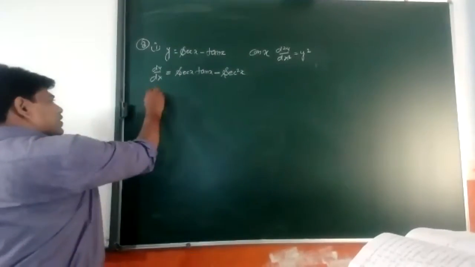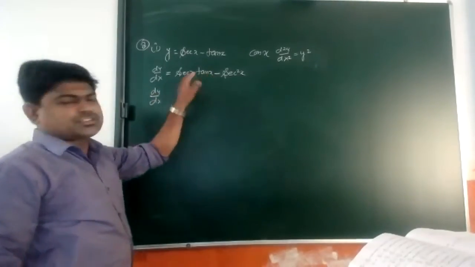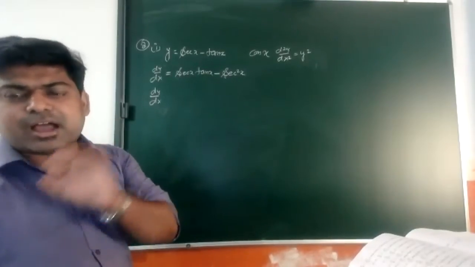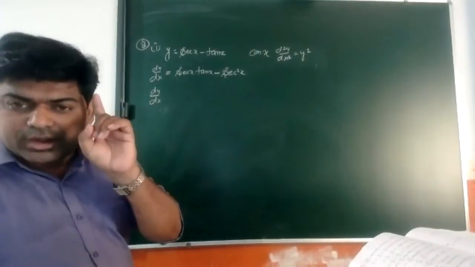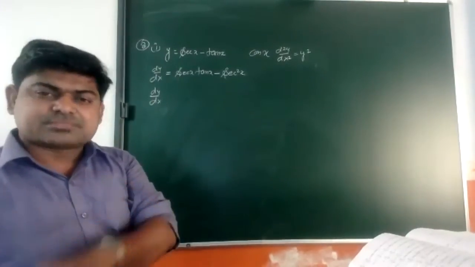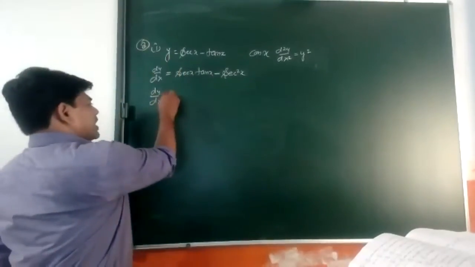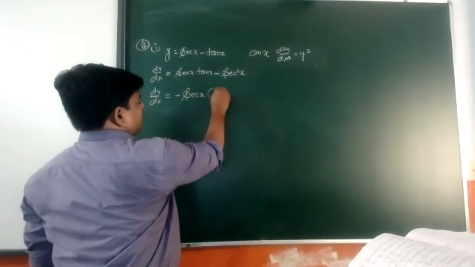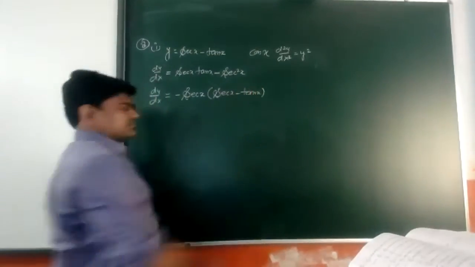If you can see in dy by dx, sec x is common. When I take sec x common, I'll get in the bracket tan x minus sec x. And in place of tan x minus sec x, if we have sec x minus tan x, it can be written as y again. So I am going to take minus sec x common, so we will have sec x minus tan x.